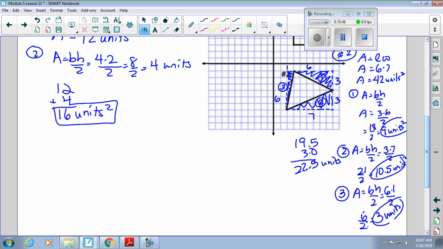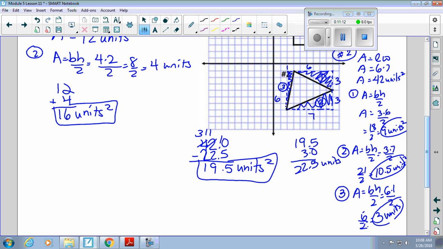We want to subtract those out of our entire shape, which was 42, so you take away 22.5, and you are going to get 19.5 or 19 5/10 units squared. All right, does that make sense to everyone?